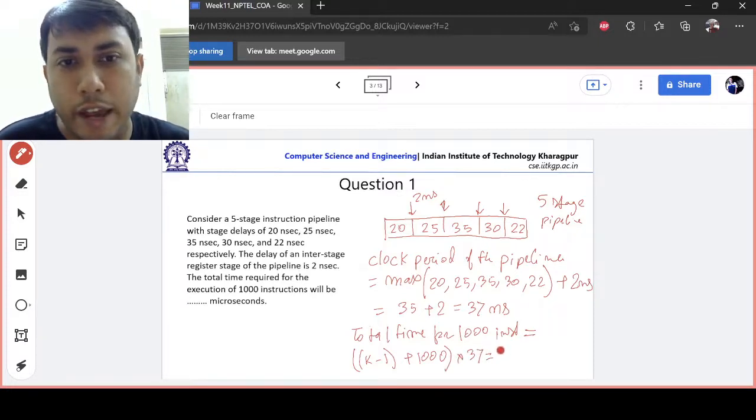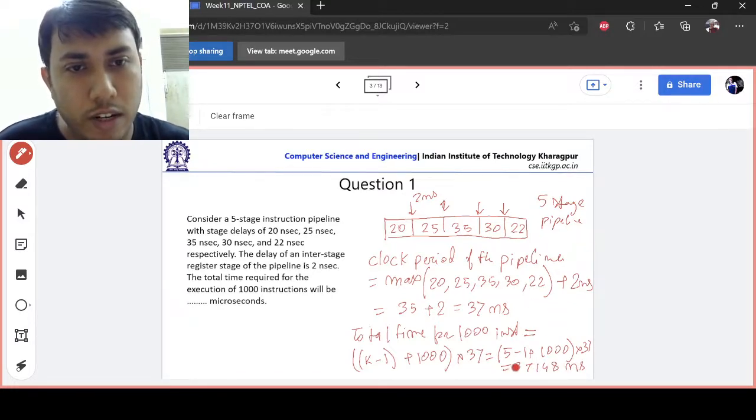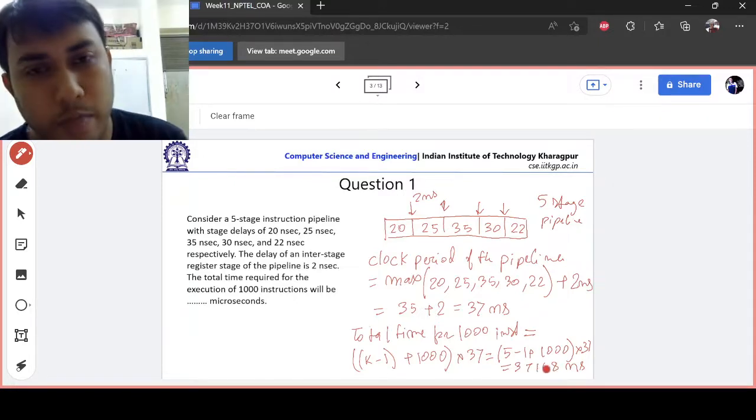K in this case is 5, so that is (5 minus 1 plus 1000) into 37. It will come out to 37148 nanoseconds, which converted is 37.148 microseconds.